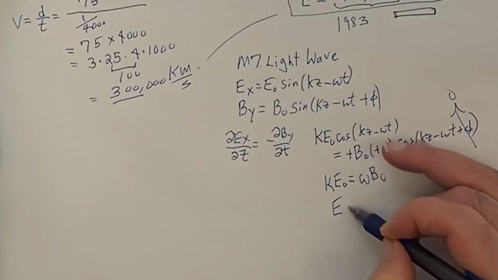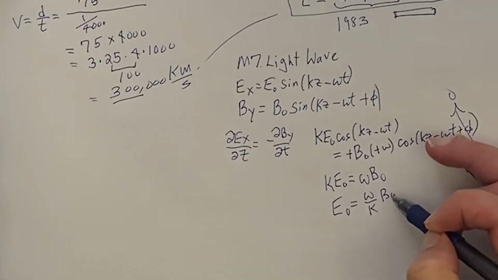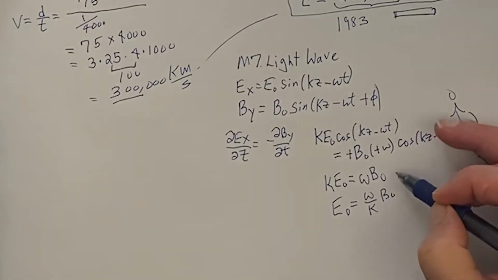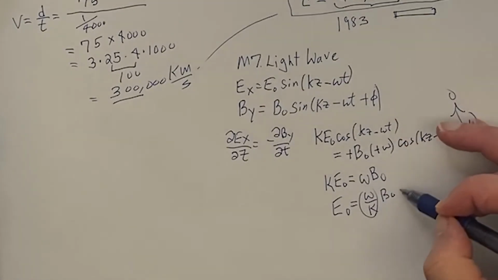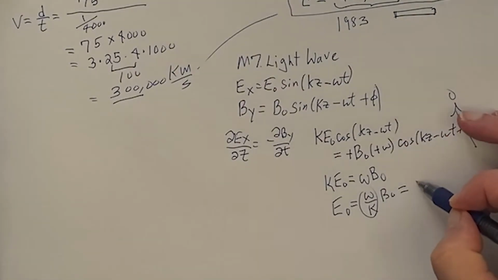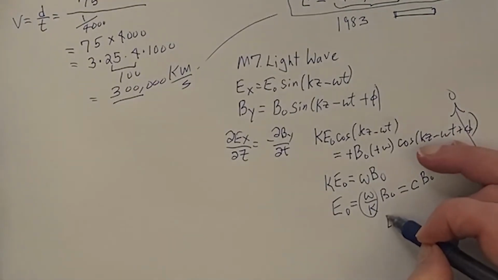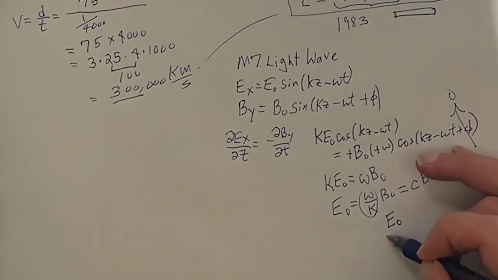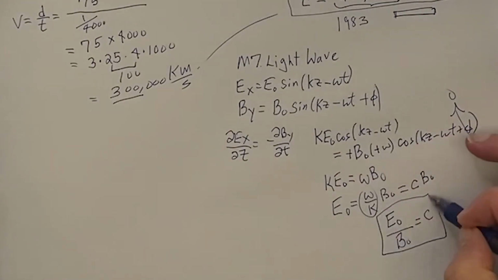So that means E naught is omega over k times B naught. And omega over k, remember, that's your velocity in our wave physics. So we get this very interesting result that E naught divided by B naught is related by c. All right?